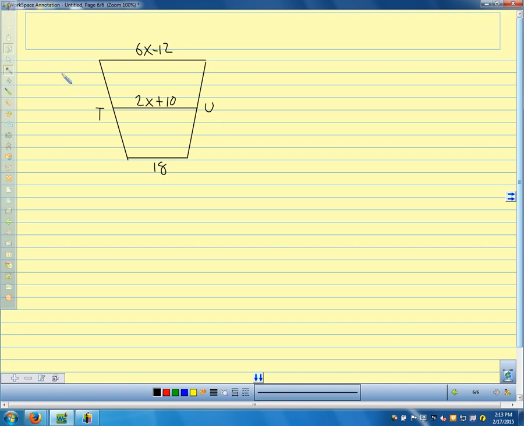Trapezoid mid-segment example. And I'm going to say that segment TU is the mid-segment. We want to find x. We have a trapezoid, we have the mid-segment, we want to find x.